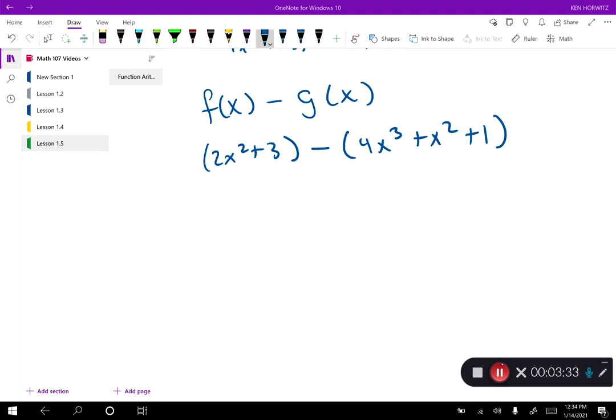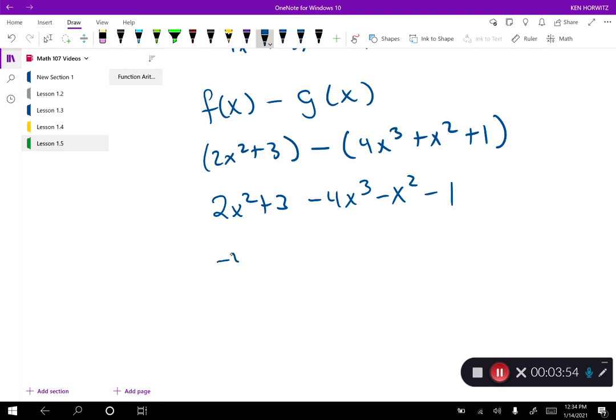All right, so hopefully you worked your way through the problem. You have 2x squared plus 3 minus 4x cubed minus x squared minus 1. And now it's an addition problem, so you just have to match up your like terms.